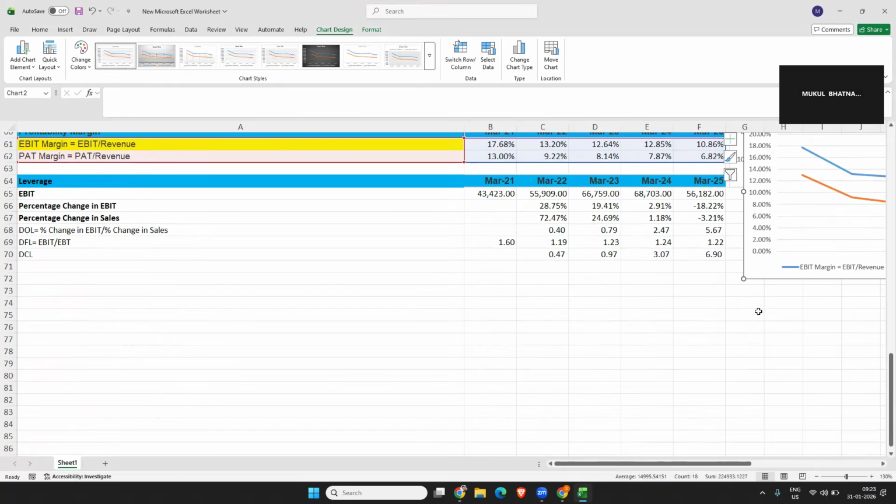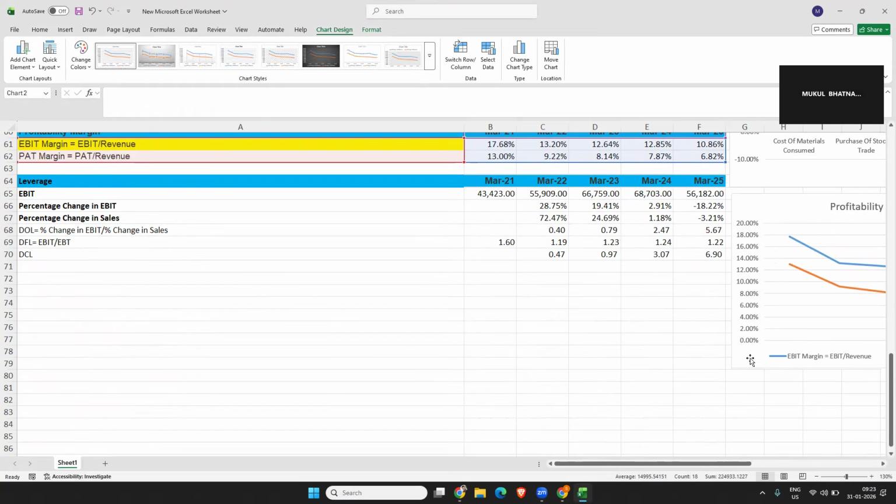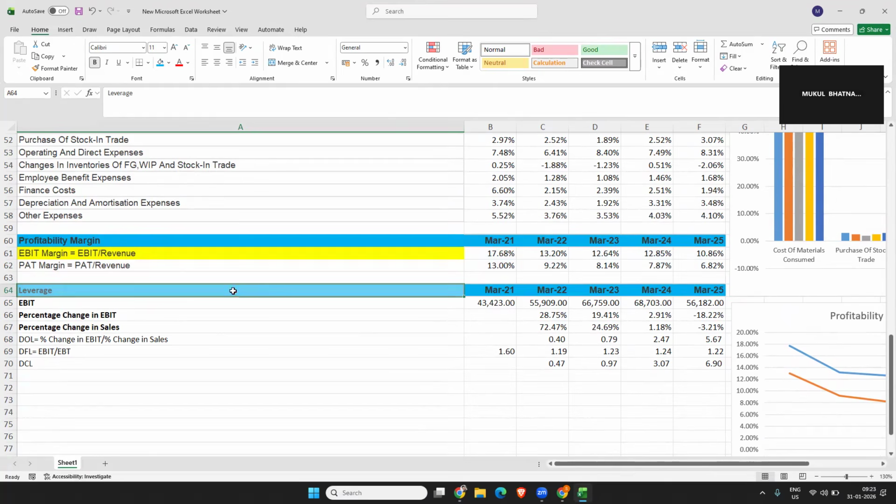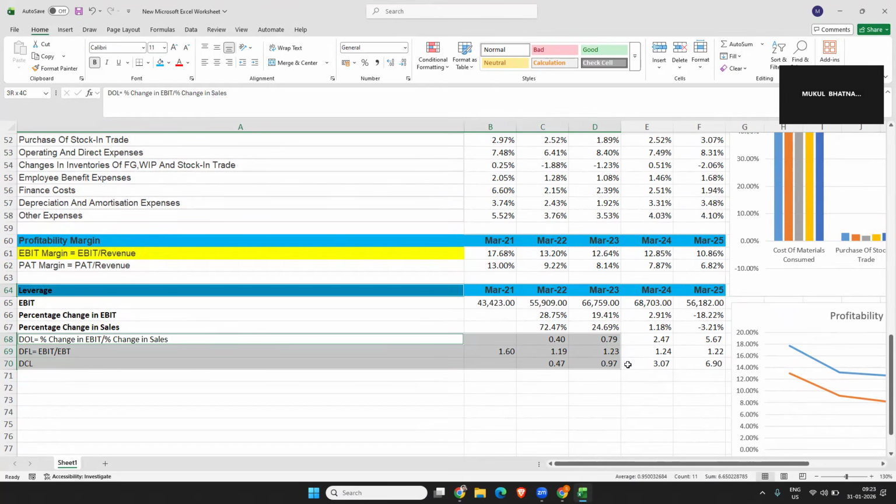So this also, let me put aside. Then you have leverage. I don't want other things to be placed. Only the three leverage.